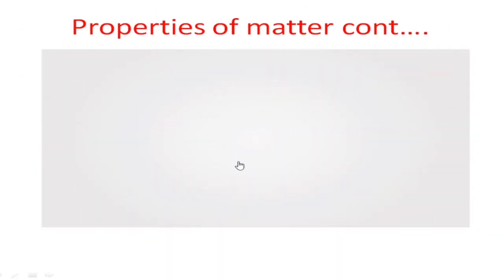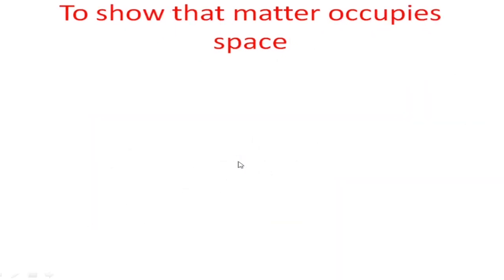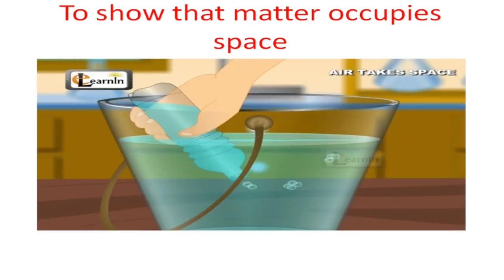Next property: matter occupies space. So, does matter occupy space? Yes, matter occupies space, and we can explain this from this demonstration. We insert a bottle filled with air, an empty bottle, into a bucket that has water.